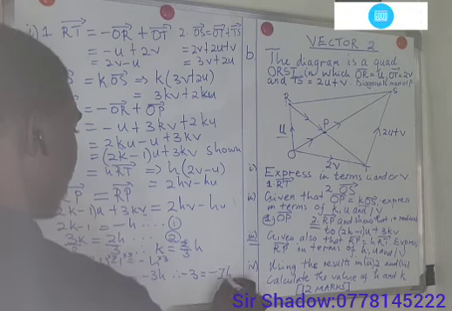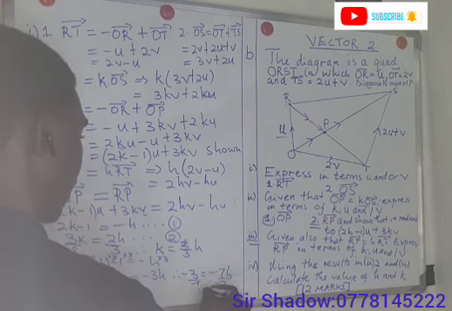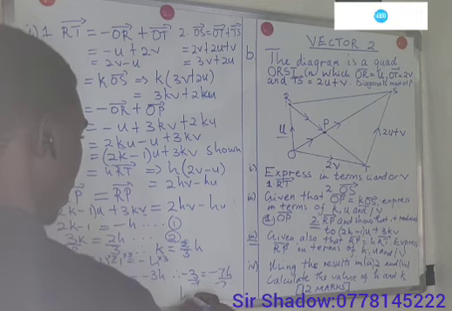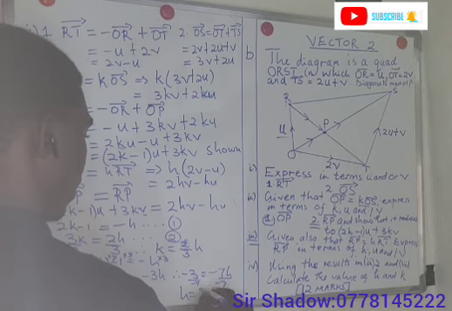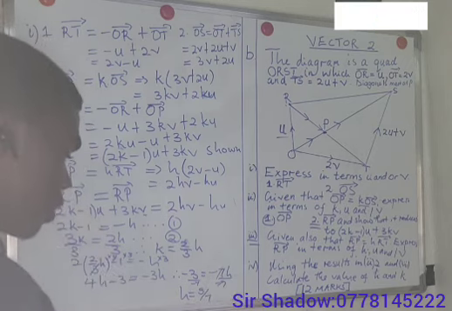So divide both sides by negative 7. Therefore h is equal to 3 over 7. H is equal to 3 over 7.